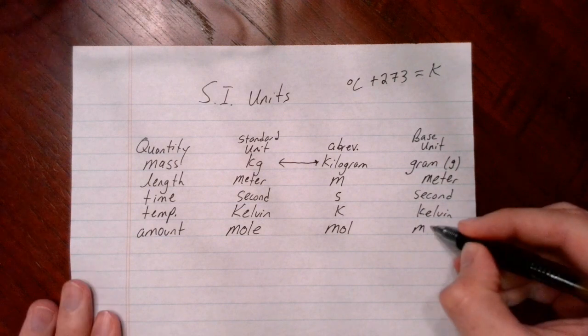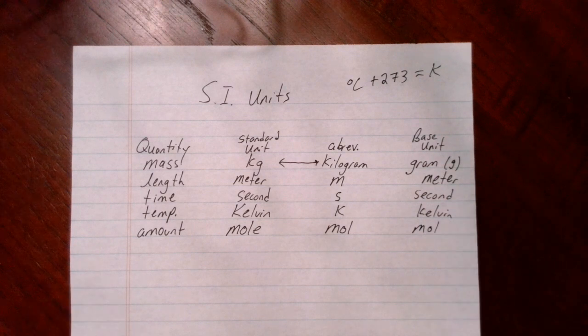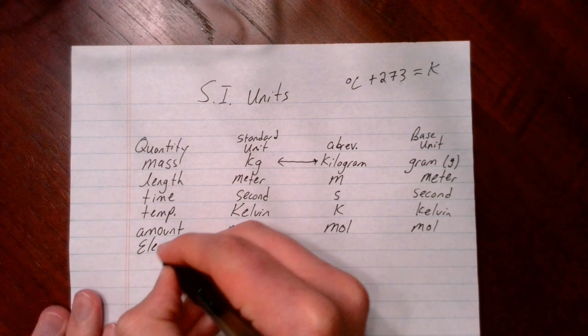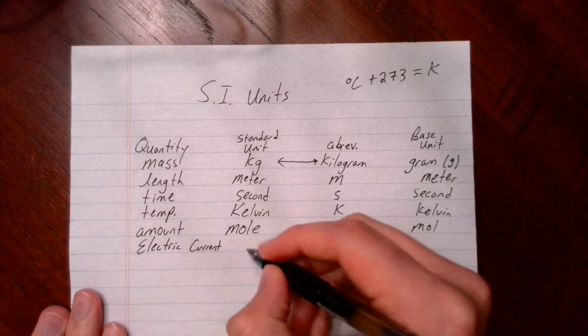The 2 other units that are considered SI units are electric current, where the standard unit is an ampere, the abbreviation is a capital A, and it's an ampere.